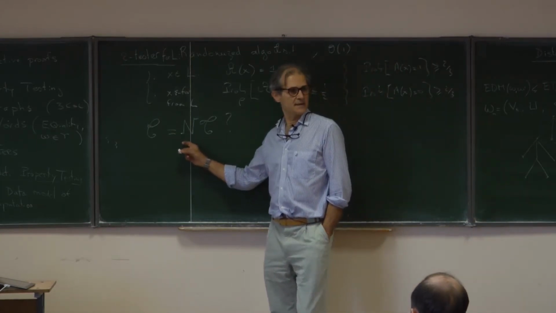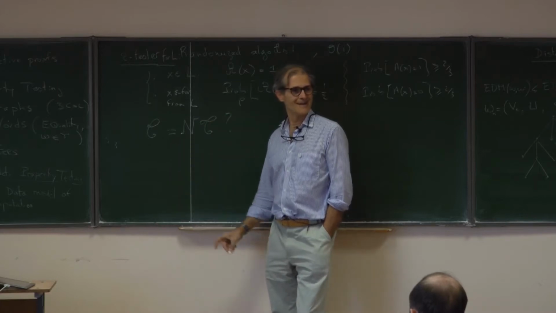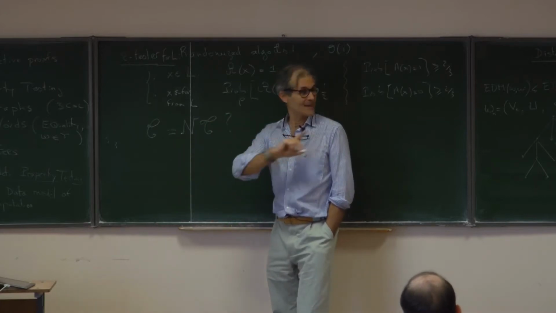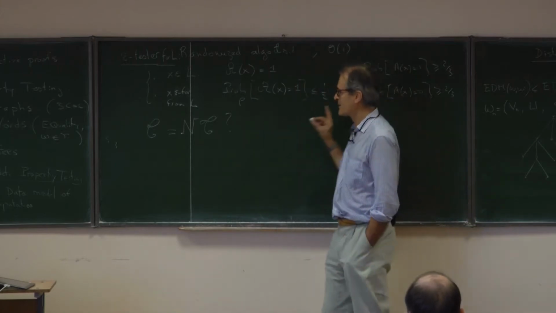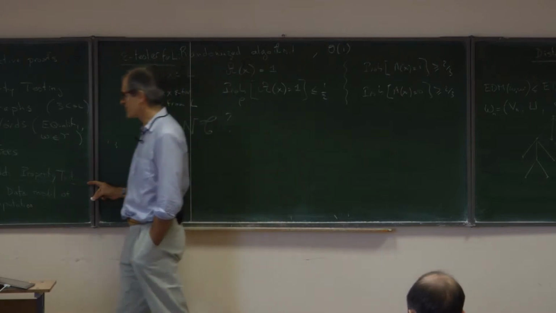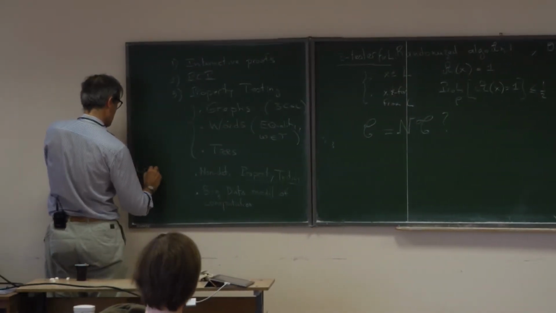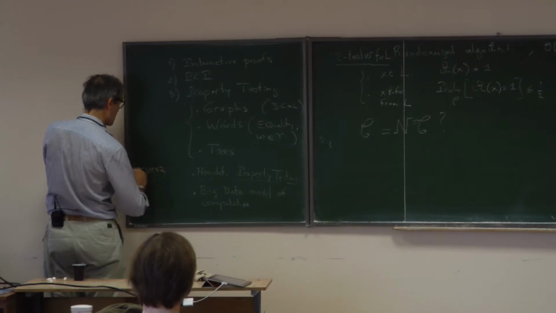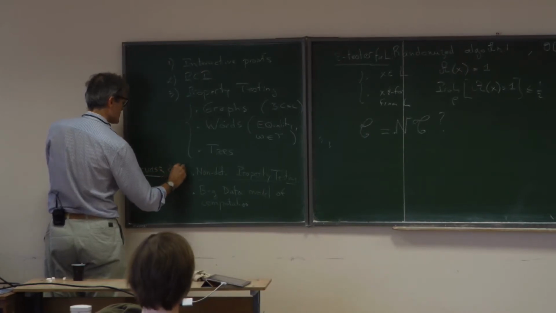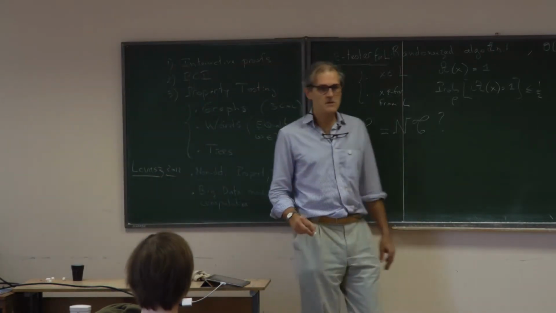So we'll see some answer for that, but in many cases this is an open question. So there are plenty of things that are quite open. The notion of non-deterministic property testing was introduced by Lovász about 2 years ago. So here we're getting close to recent research.